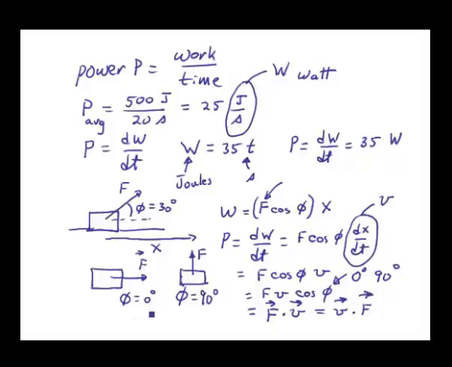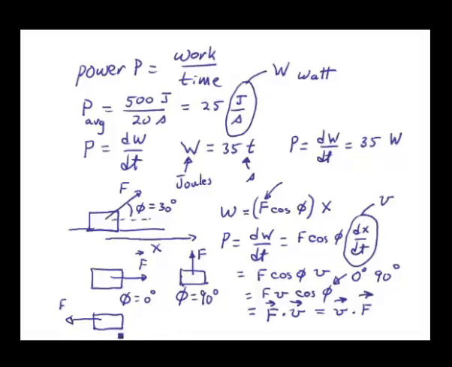Now, for 0 degrees, I had the most power I could get with the given amount of force, and so I would be making the block go faster and faster and faster. I'm adding energy to the block. At 90 degrees, I'm adding no energy to the block. And one more case: the block's still sliding to the right, but I'm pulling to the left.